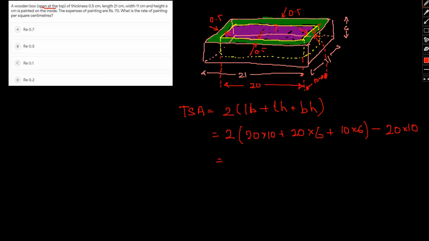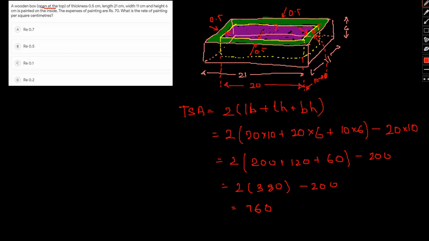So now if I have to solve the same, 200 plus 120 plus 60 is 380, hmm, 200 plus 240 plus 120, that comes to 560 after removing 200. So this much, 560 square centimeters, is the area to be painted.